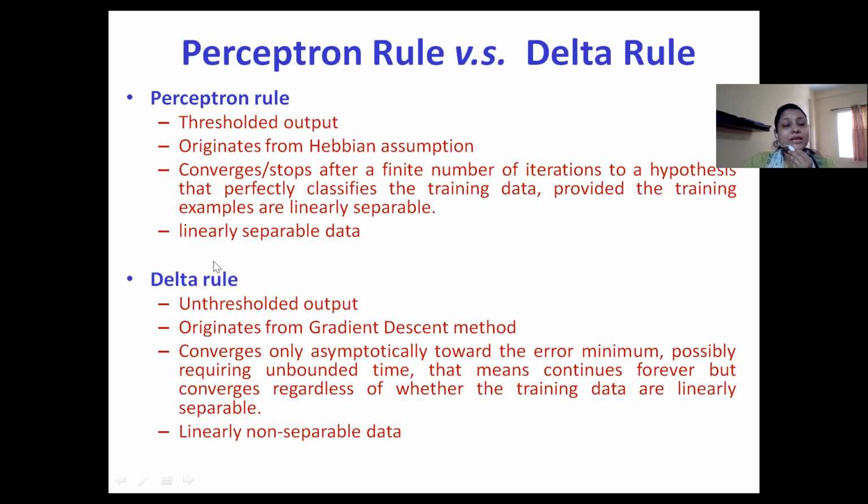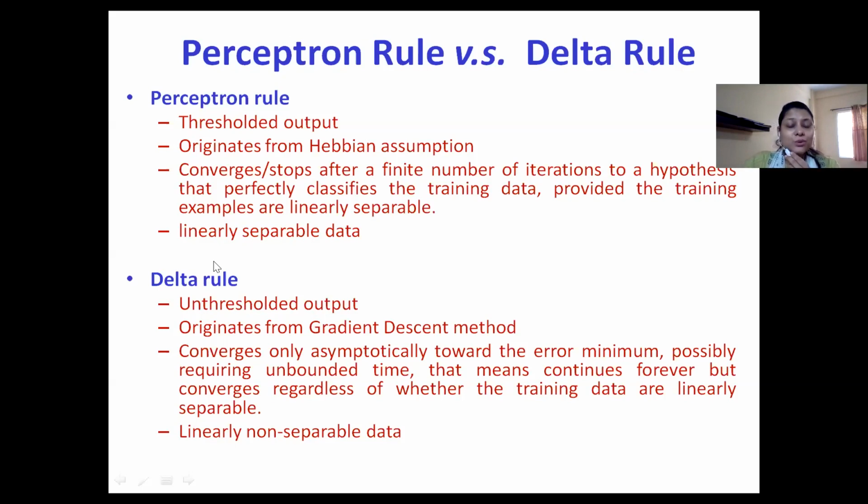So automatically, if that finite number of iterations has arrived, this perceptron rule can converge, or it will stop on this hypothesis. But obviously, after completing that finite number of iterations, that hypothesis must perfectly classify the training data. Otherwise, there is no use. And obviously, providing the training data are linearly separable.